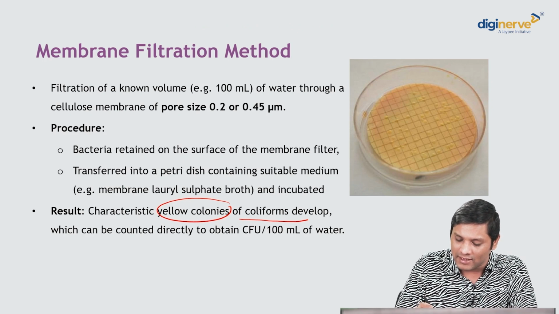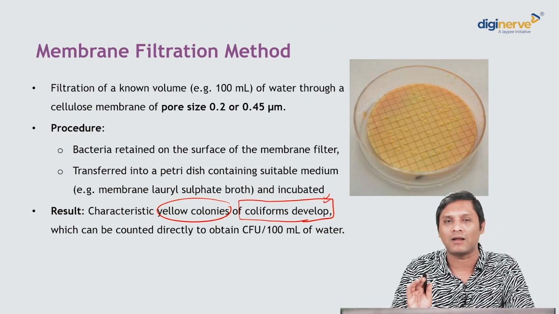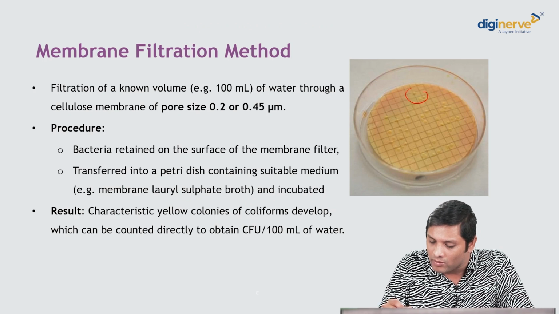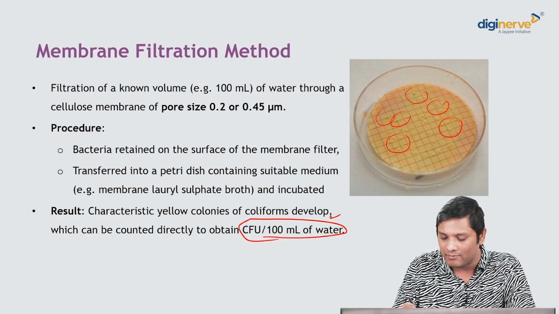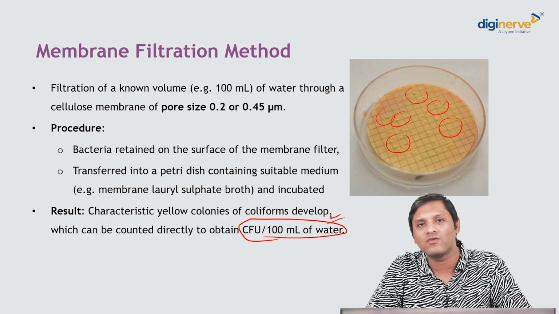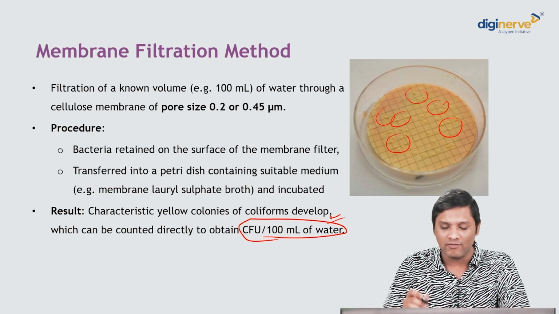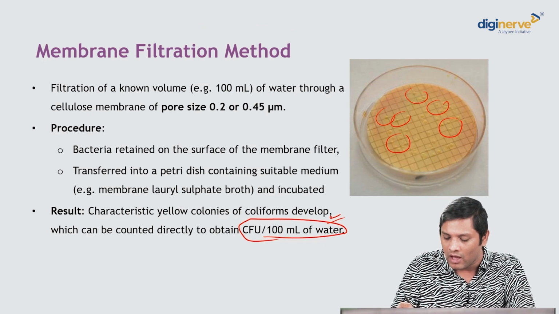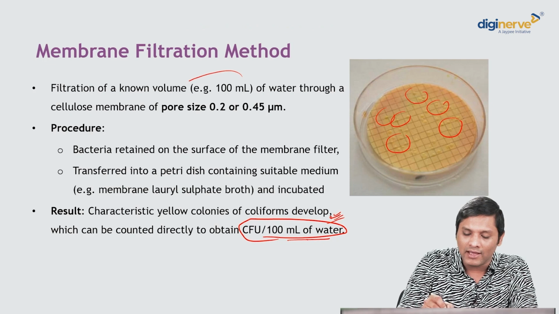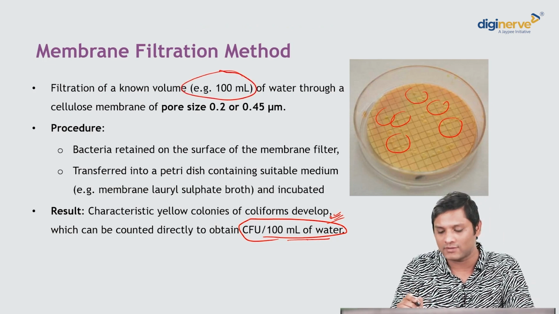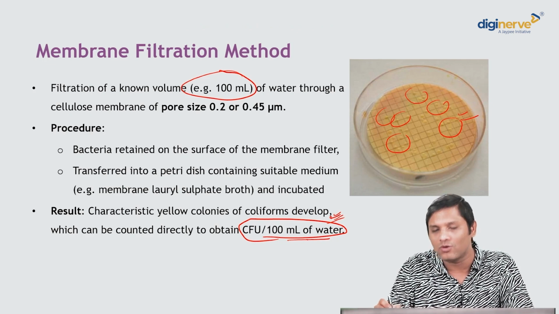However, it will say that coliform organisms are present, and you can count how many colonies are present, and that many organisms are present in 100 ml of water. So the membrane filtration method is a quantitative test where you can exactly count how many organisms are present in 100 ml of water. If you initially take 100 ml of water to perform the test, then the number of colonies grown will be your organism load present in 100 ml of water.